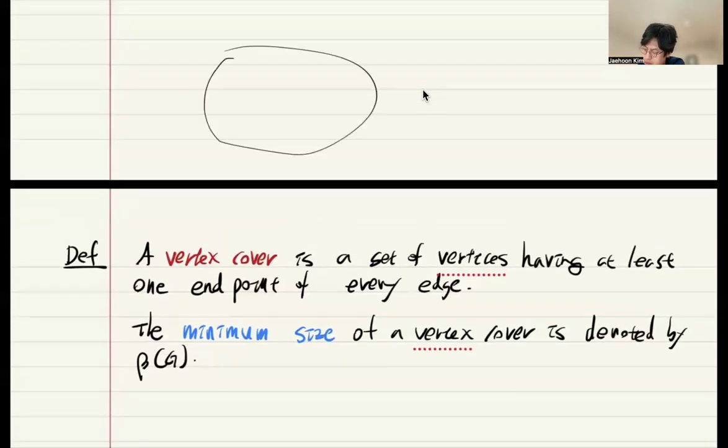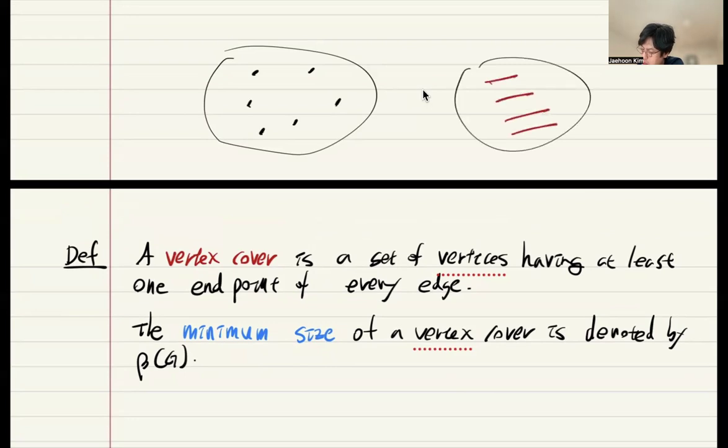So you have a graph. And what was the matching? In a matching, you want to find as many edges as possible to cover all the vertices. You wanted to use edges to cover vertices. But here you want to flip the relation.